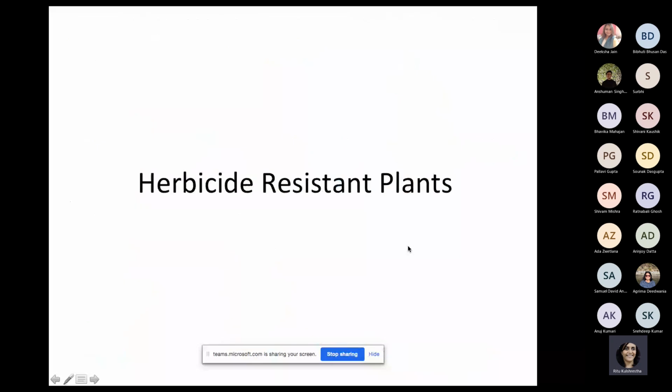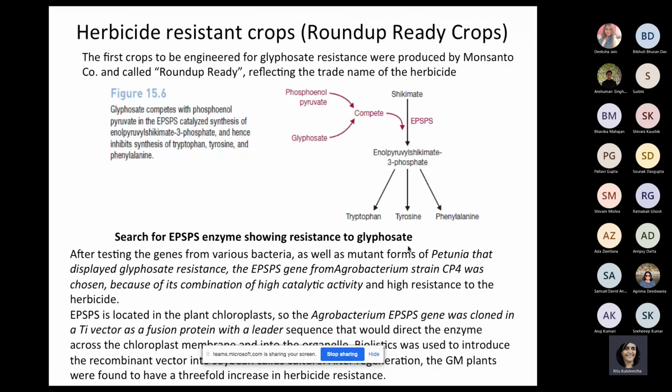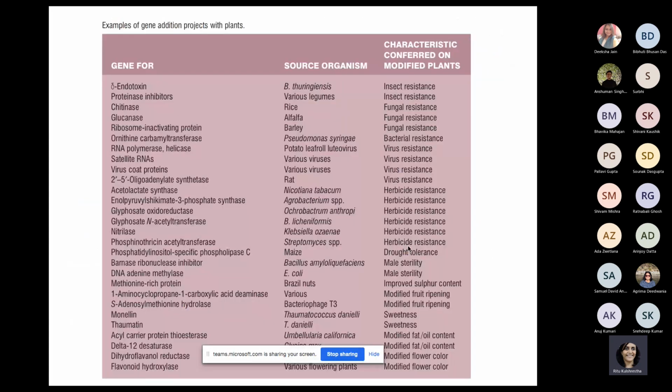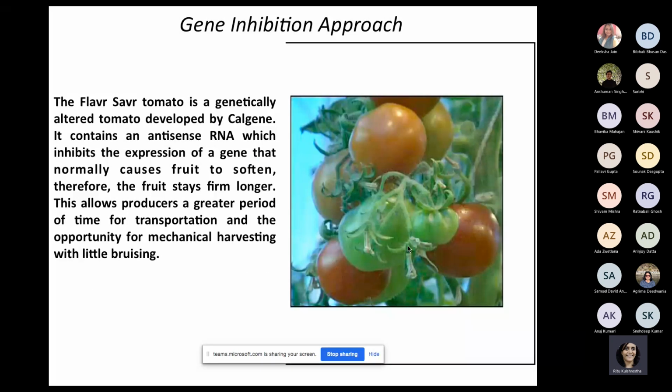Then I told you the two strategies by which herbicide resistant crops were developed. Then we had come to this gene inhibition approach, where I also stressed the fact that if you want to make transgenic crops, many times you might have to decrease the level of a particular gene.